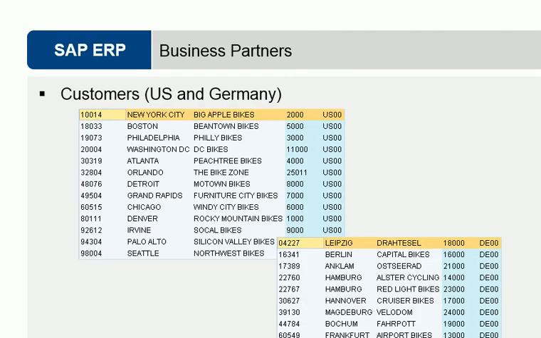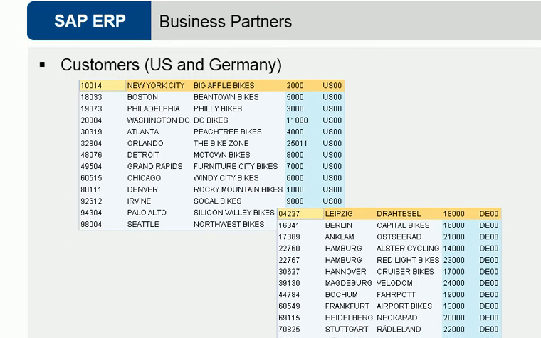Now, as I told you, there are two subsidiaries for Global Bike, one in the US and one in Germany. So of course, our customers in the US are different from our customers in Germany, and they have different numbers.